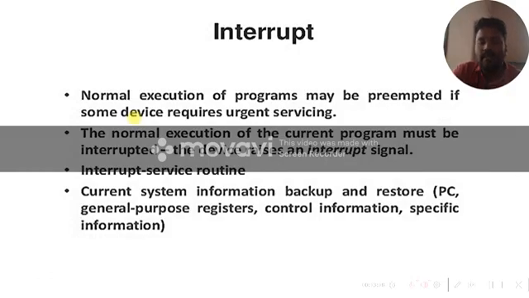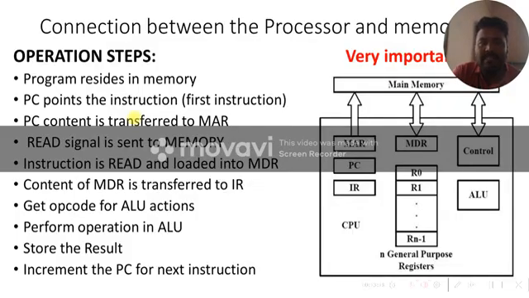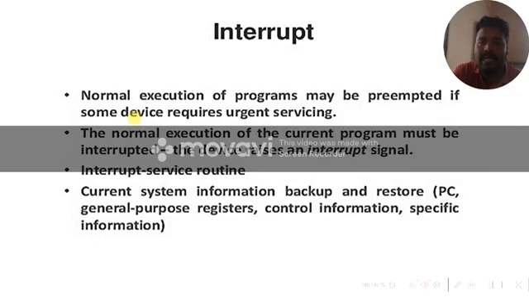Up to this point, we have dealt with the connections between different types of registers in correlation with the processor and the main memory. This is all about the basic operational concepts carried out in a computer architecture.